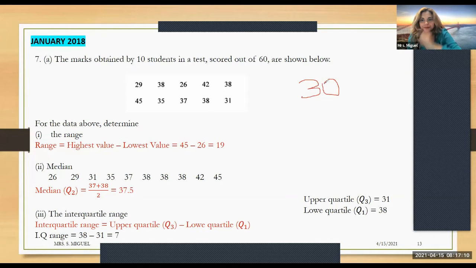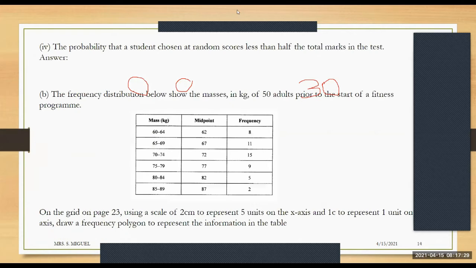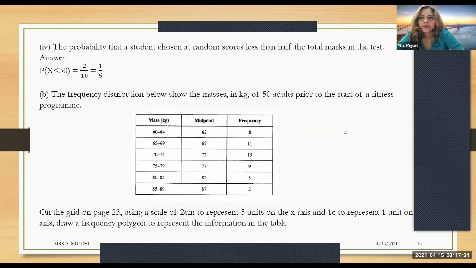So we want to know how many scores are there less than 30. From observation, the only two numbers that are less than 30 are 26 and 29. So the probability that a student scores less than 30 is 2 over 10. There are 2 scores less than 30 and there are 10 students' scores. So 2/10 can be reduced to 1/5.